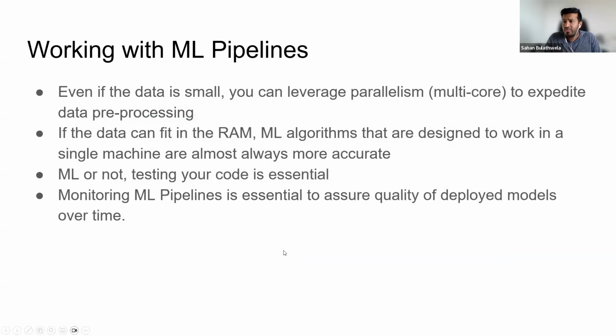So when we are working with machine learning pipelines, especially in the context of big data, we need to think about a few considerations. The first thing is, even if the data is small, when you are doing transformations on your data, you can still use PySpark because installing PySpark is very simple. You just do pip install pyspark.